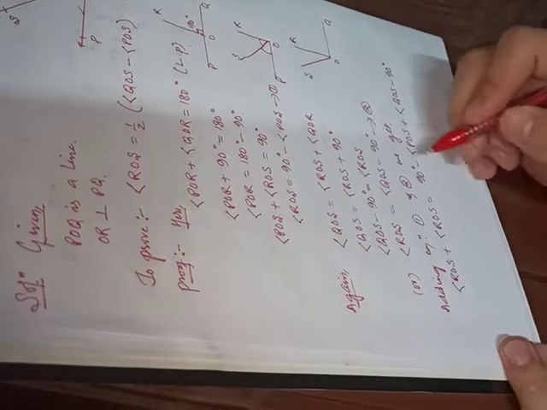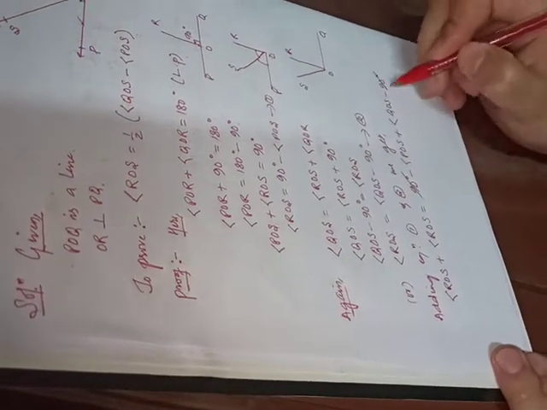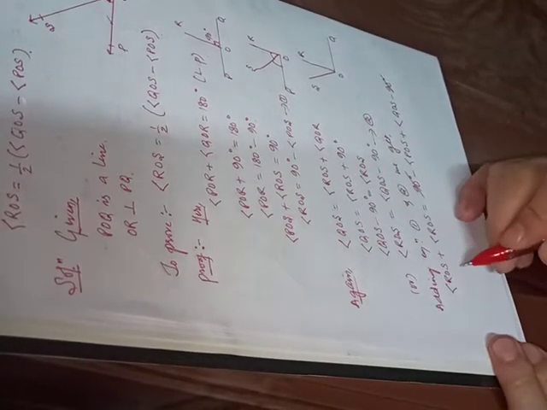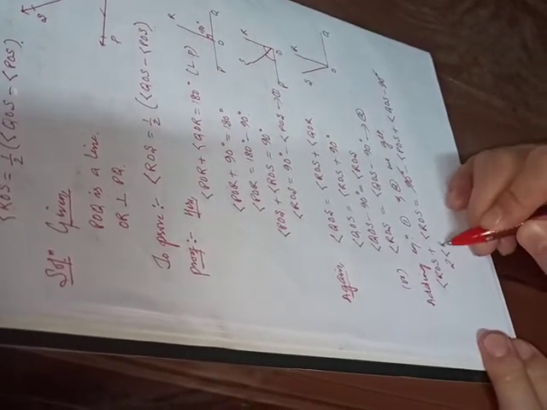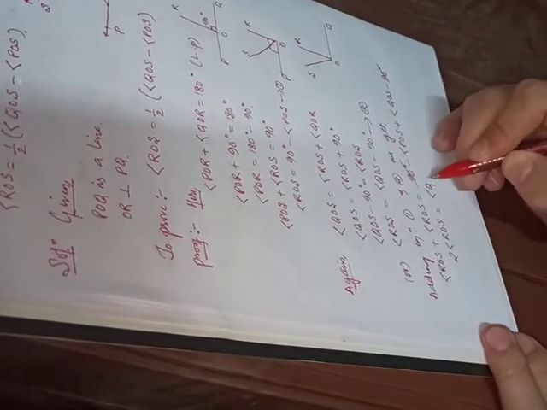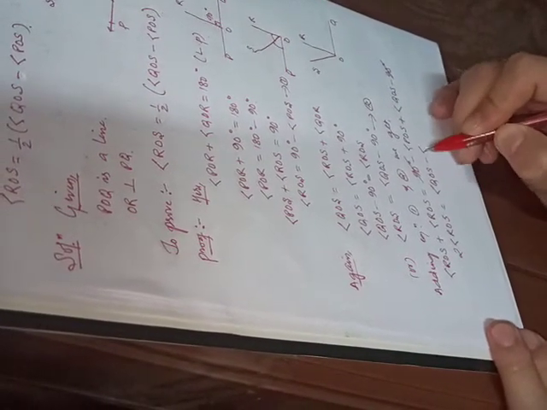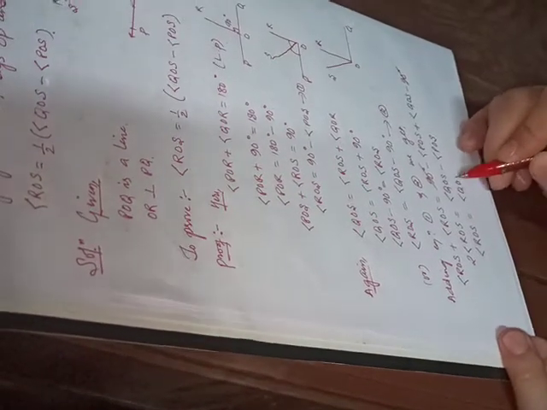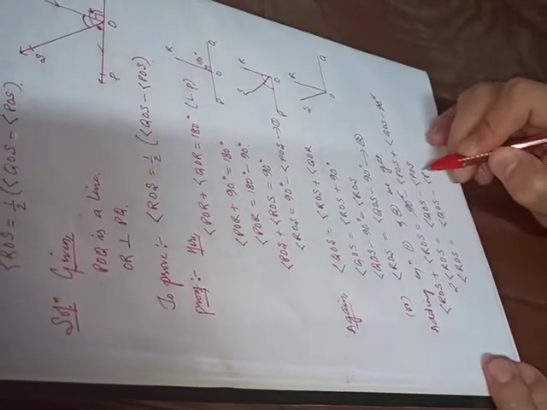So from here what we notice is that plus 90 degrees and minus 90 degrees cancel out. Angle ROS plus angle ROS is 2 times angle ROS, equal to, writing the positive term first, angle QOS minus angle POS.